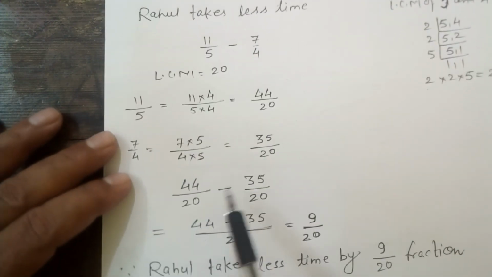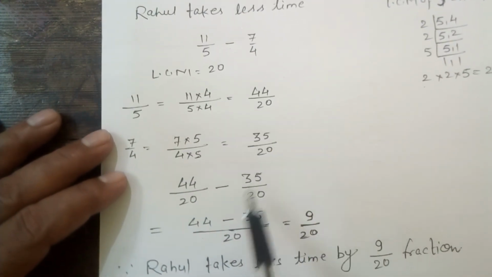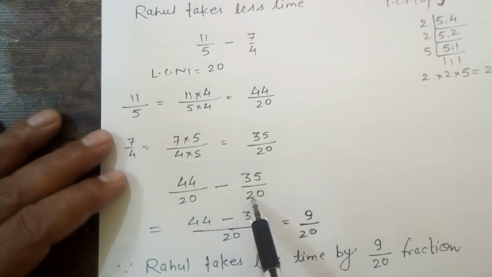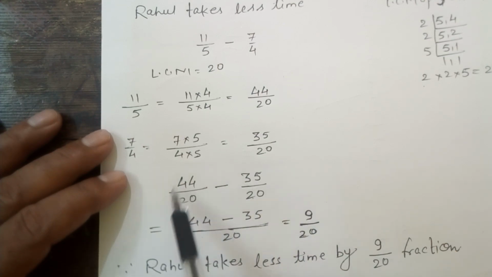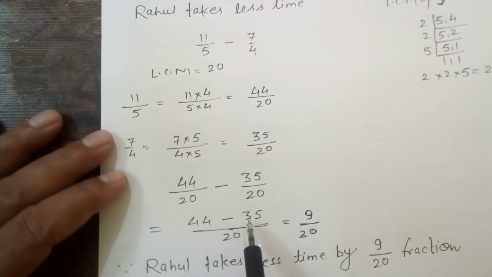Then after what will you do? 44 upon 20 minus 35 upon 20. These two fractions are like fractions. That's why the denominators are the same, that is 20. So LCM is 20. In the numerator, what will you write? 44 minus 35 is equal to 9 upon 20.